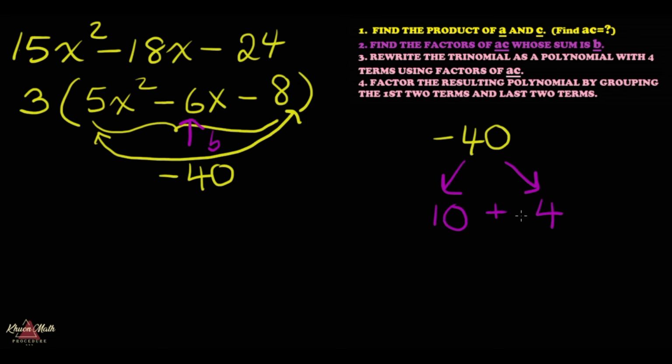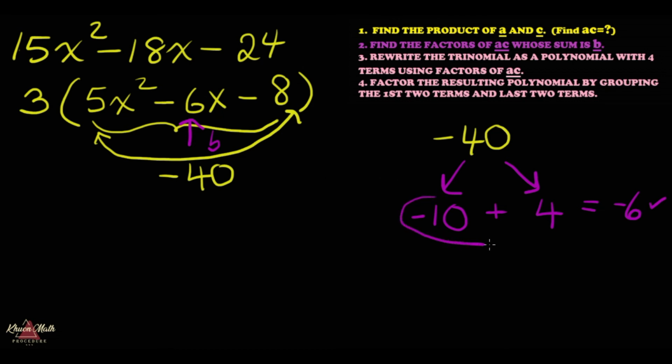Now 10 times 4 is positive 40, so one of these has to be a negative number. Since we need it to be negative 6, it makes sense to have negative 10 instead of positive 10. So when we add these two numbers, negative 10 plus 4 is negative 6, and that's what we're looking for.